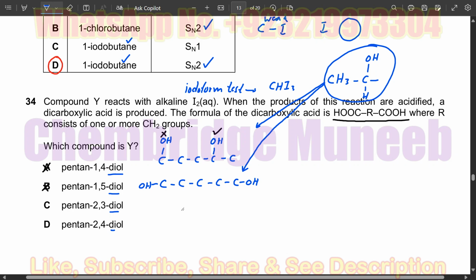Option C says pentane 2,3-diol. So 5 carbon atoms, and on position number 2 and 3, OH over here and OH over here.